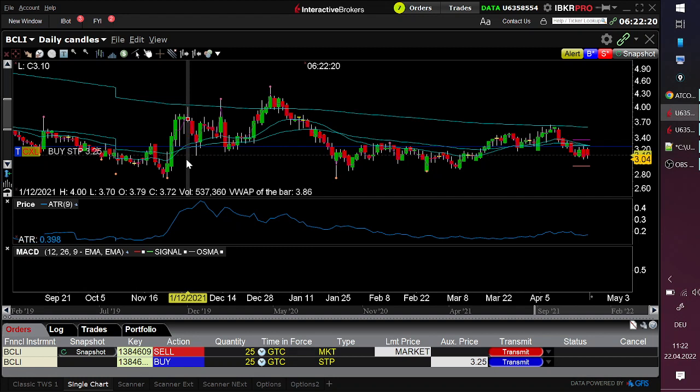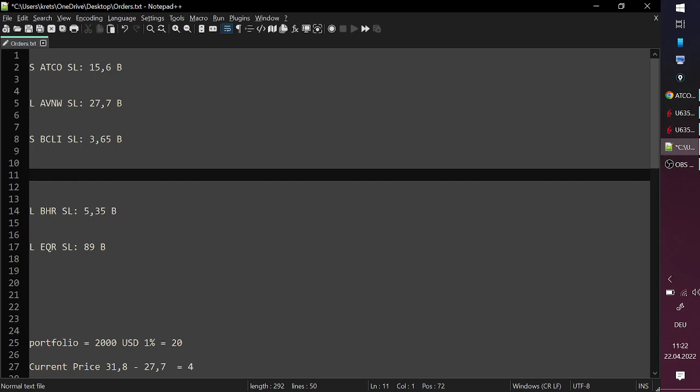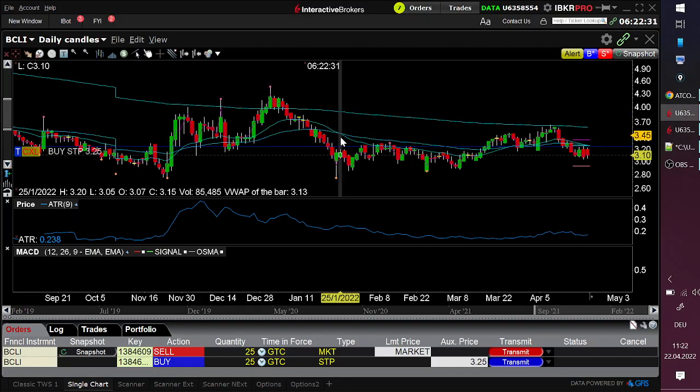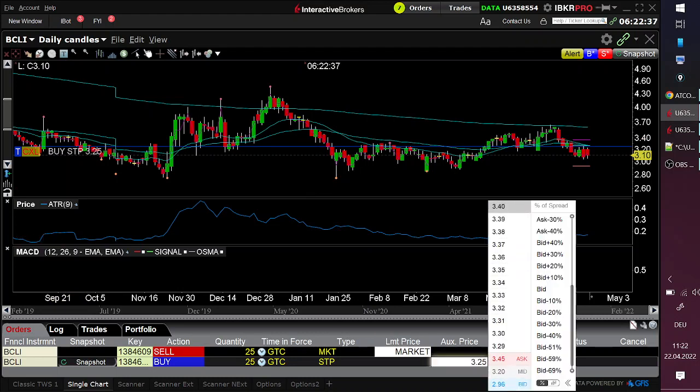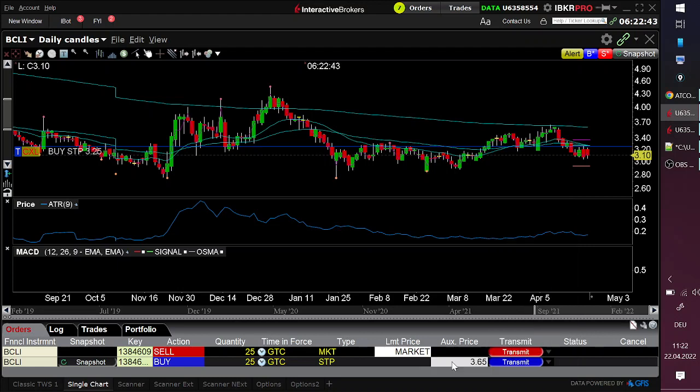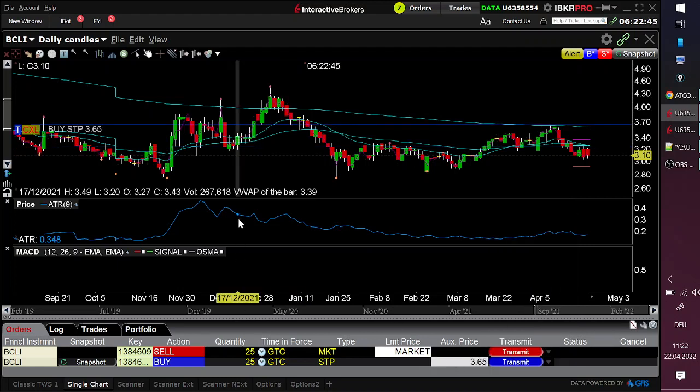So we're at 3.04, the current price is 3.10, and we have a stop loss at 3.65, that's 55 cents away. So we put the stop loss here at 3.65, 55 cents, right? Yes, right.